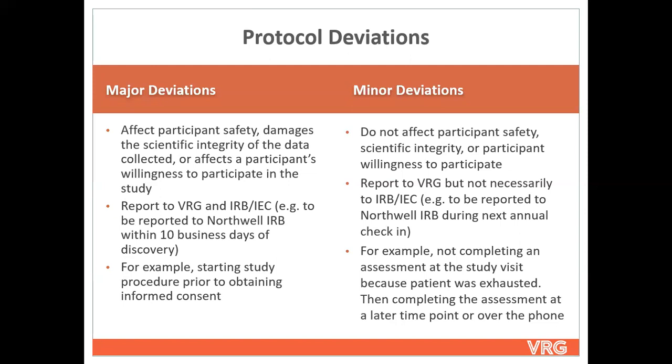You want to make sure that the participant is willing to be a part of the study. And if you don't have consent and start just this quick questionnaire or something because, let's say the patient has to wait anyway for the doctor, so it would make sense to just complete this one questionnaire, and then consent will be obtained. That doesn't work, right? That would be a major deviation.